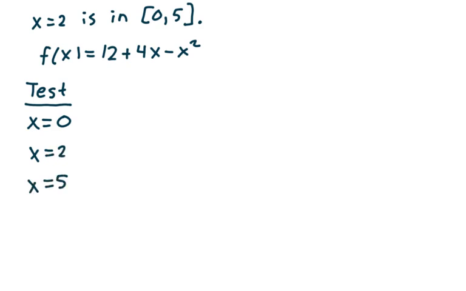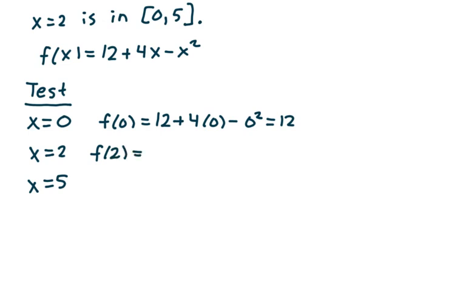And I'm going to plug those values back into the function. So when I do that, I get f of 0, which is equal to 12 plus 4 times 0 minus 0 squared, which is equal to 12. And then f of 2 is 12 plus 4 times 2 minus 2 squared.